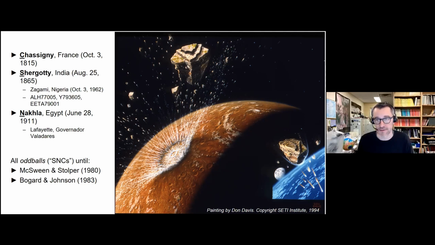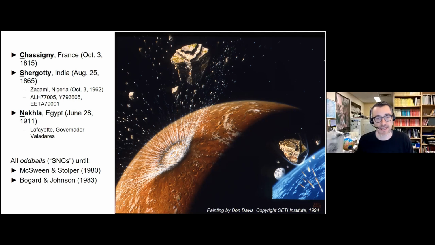They were all oddballs. They were thought, at least based on their petrography, to be from a differentiated asteroid, for example. But the parent body or planet from which they came was really unknown until McSween and Stolper suggested in 1980 that they could be from Mars, and then Bogard and Johnson showed that there was atmosphere trapped in these meteorites that matched the composition of the Martian atmosphere as determined from the Viking landers in the 1970s.